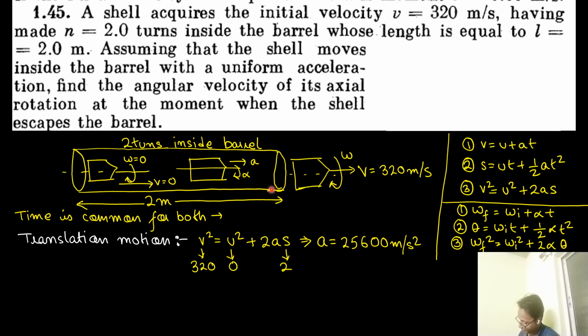So the linear acceleration is 25600 meters per second square. Now my question is, what is the time taken for the bullet to travel from here to here? For that we use the relation v is equal to u plus at. The velocity is 320, the initial velocity is 0, the acceleration is 25600.